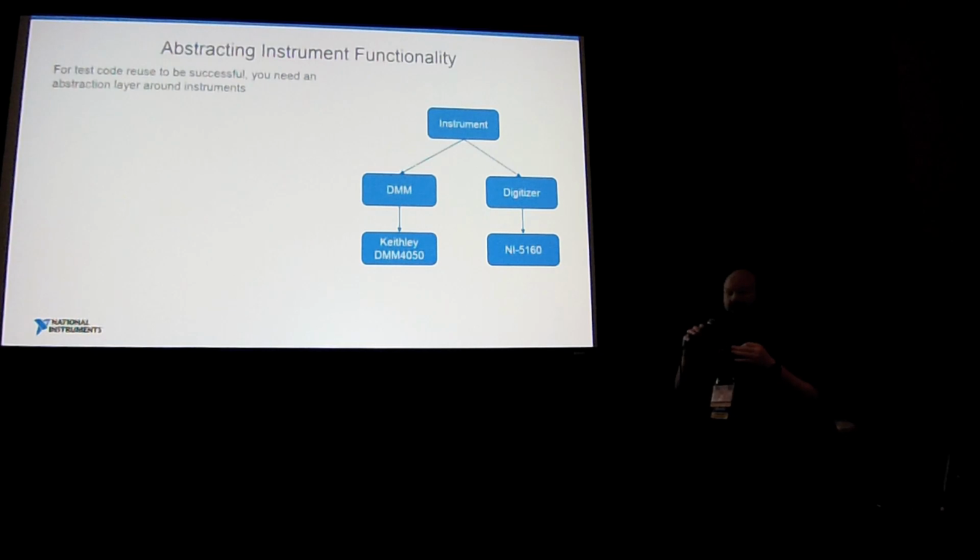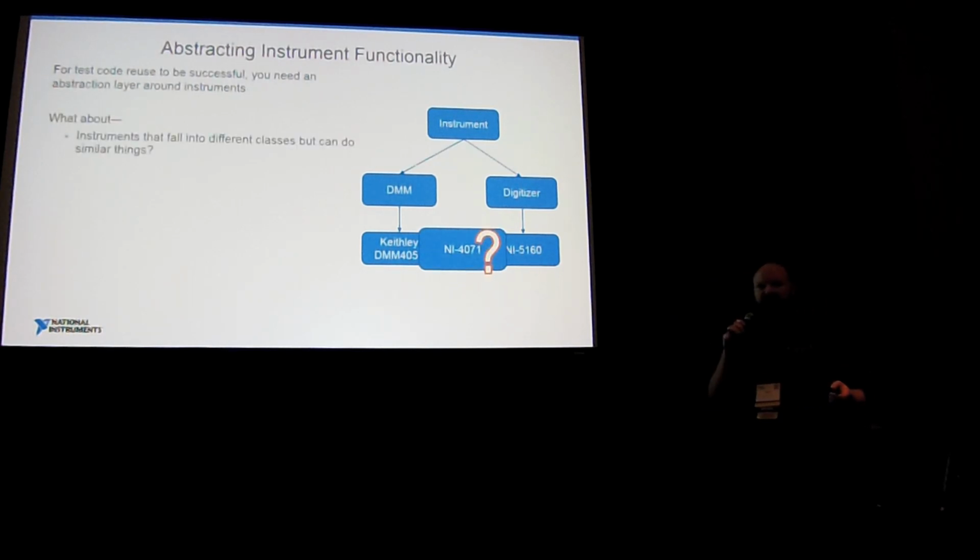Another problem that we have at National Instruments is trying to figure out how to take a traditional HAL-MAL infrastructure and then put non-traditional instrumentation into that HAL-MAL. This is a good example here: if you take a traditional DMM, in this case a Keithley DMM, and one of our digitizers, what do you do with an instrument that overlaps both of these?